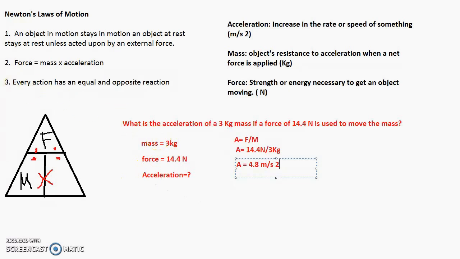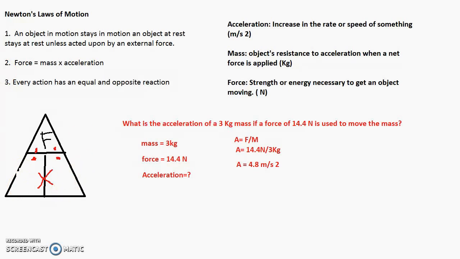But what if, instead of trying to find acceleration, we are trying to find force or mass? Well, we can use the same exact triangle. So if we're trying to find mass, instead of covering up or erasing the A, I would cover up or erase the M. So I'm going to go through and do that right now. So I'm going to take a moment and I'm going to erase my M and I'm going to rewrite my A. And you should realize that there's a spot to plug in these formulas.